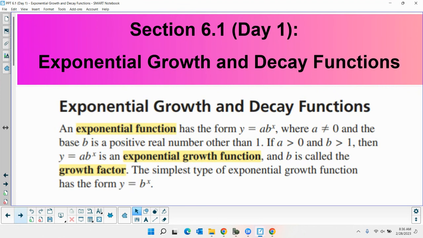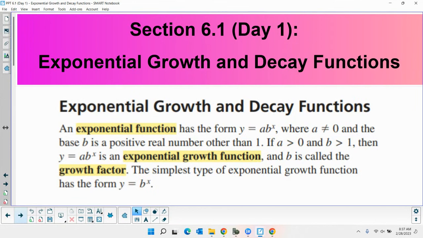So exponential growth, an exponential function has the form y equals a times b to the x power, where a is not equal to 0, and the base b is a positive real number other than 1. All right? So a is going to be positive, and b is going to be bigger than 1, because if we put 1 in there for b, what's 1 to any power?